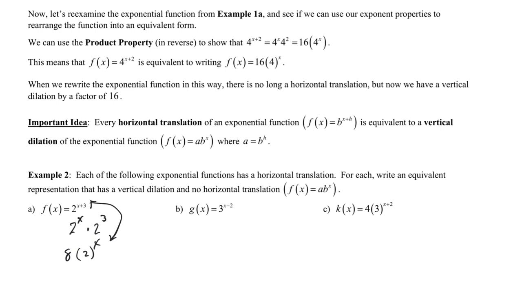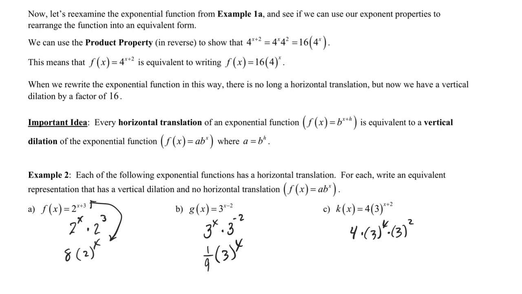Try the next one. Let's rewrite it. 3 to the x times 3 to the -2. Okay, what is that? Well, 3 to the -2 is really 1/9 times 3 to the x. Last but not least, boy, C looks a little weird. So let's rewrite it. We got 4 times 3 to the x times 3 squared.